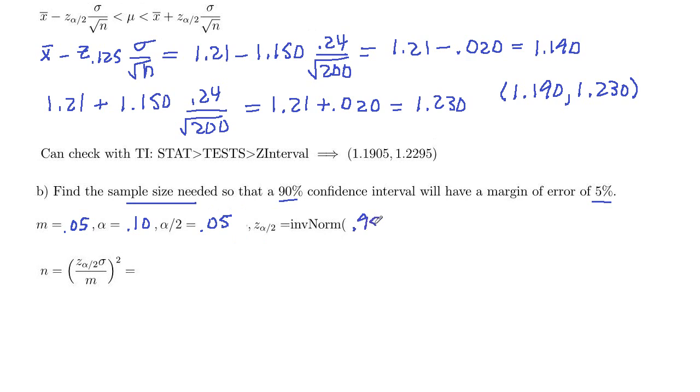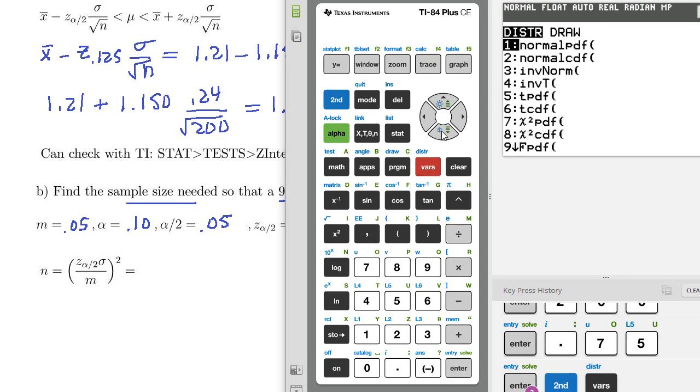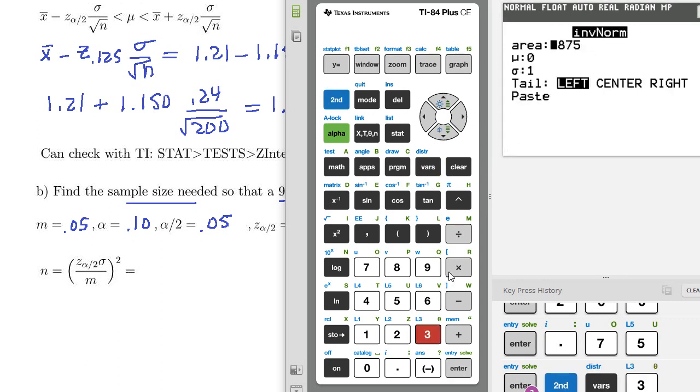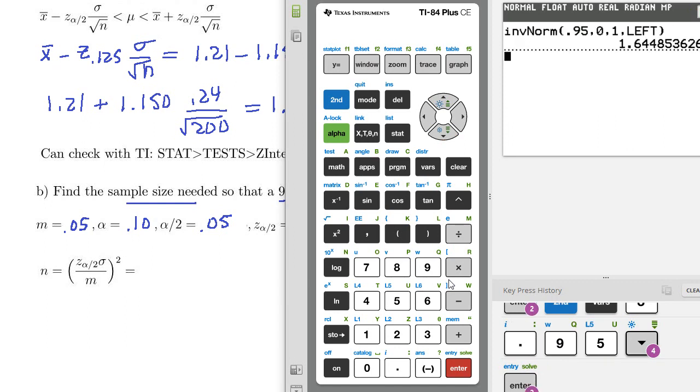So we want to do inverse norm of 0.95. So second variables, and then inverse norm number 3, and we want 0.95, with 0 and 1 for mean and standard deviation. So 1.645.